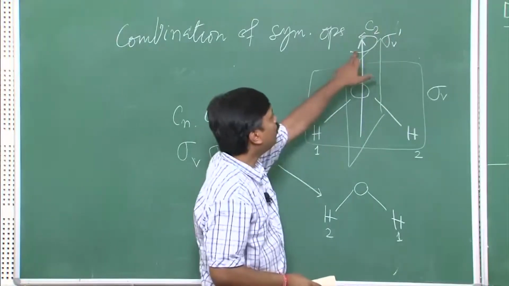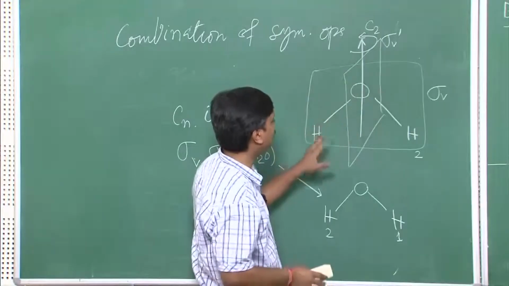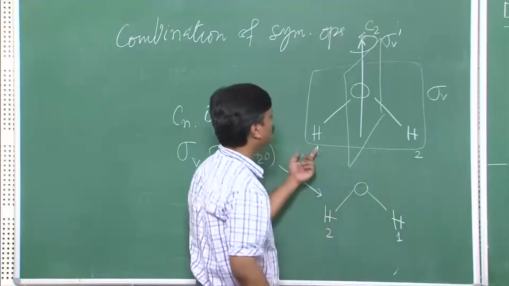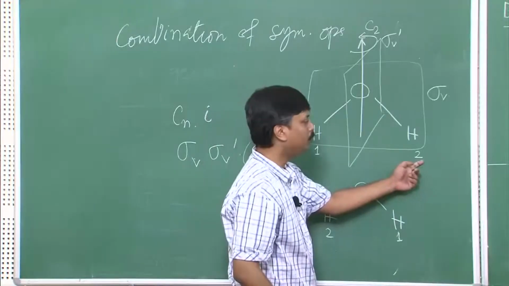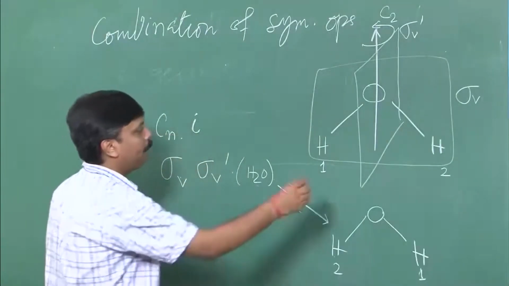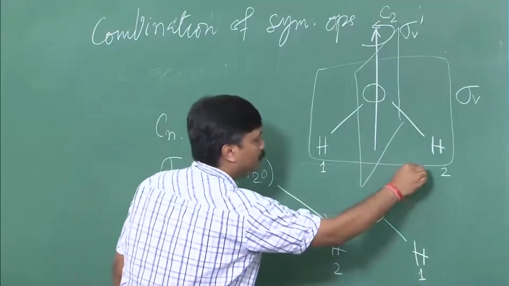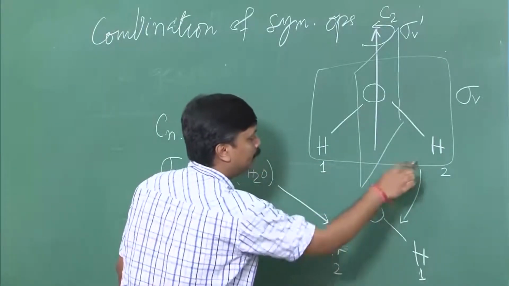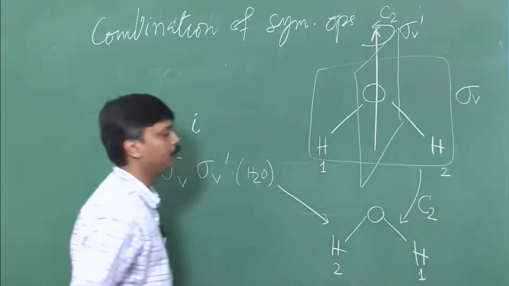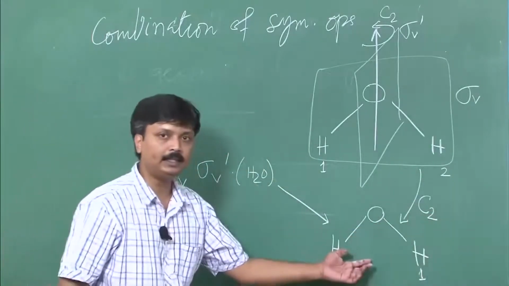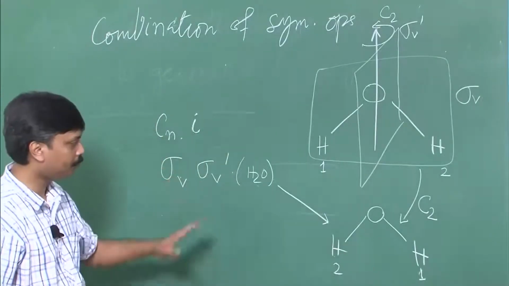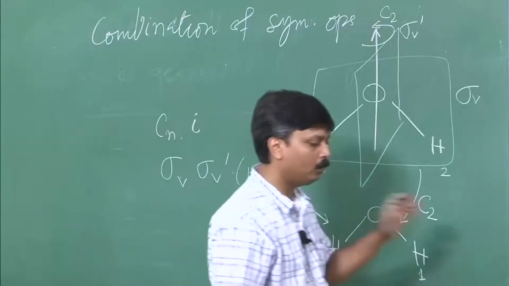So if I operate C2 on this structure, it will just rotate it 180 degrees. One will go over to the place of 2 and 2 will come here, which is nothing but this. So I can bring this structure to this by simply operating a C2, and I can create the same effect by combining these two. This is an example of how to combine them.